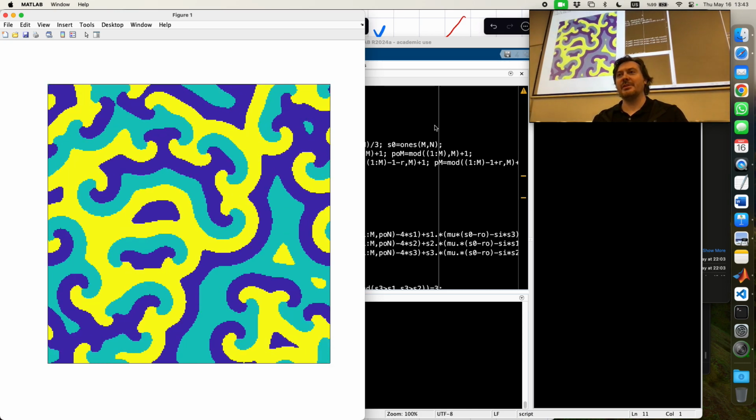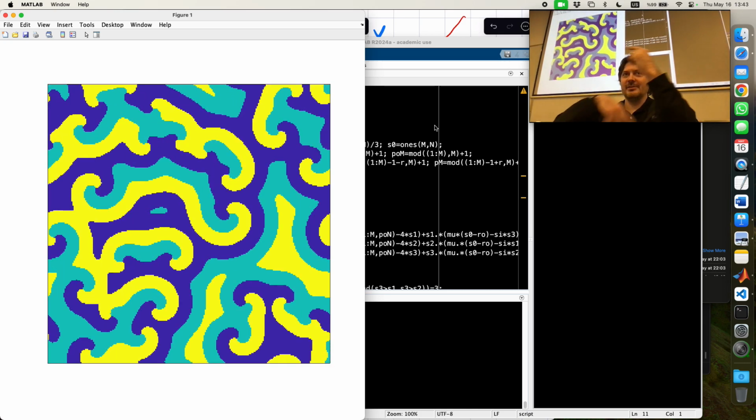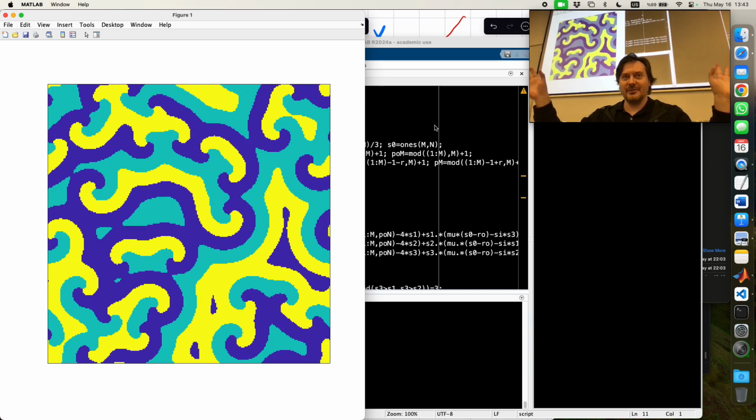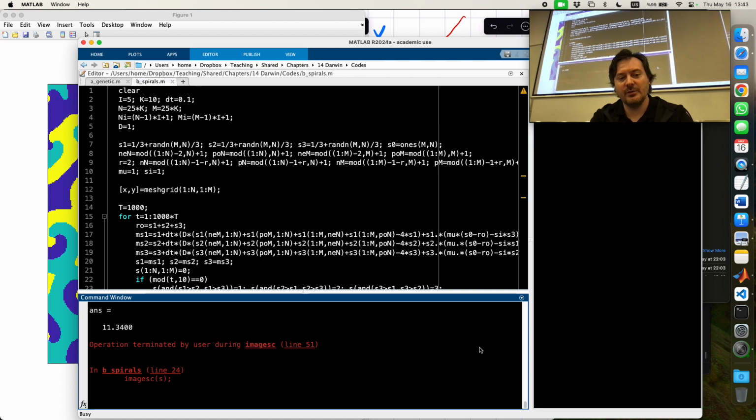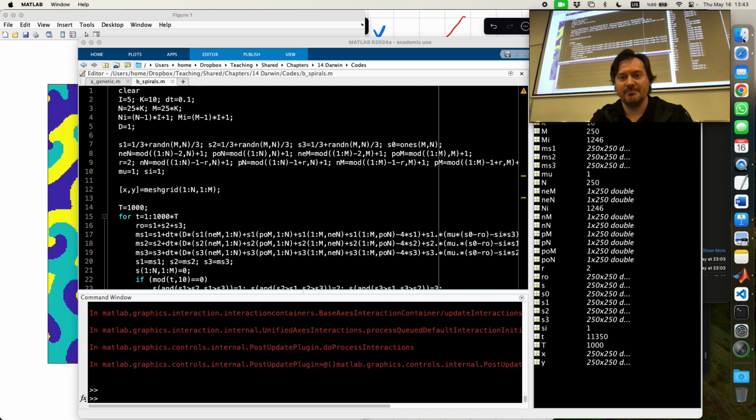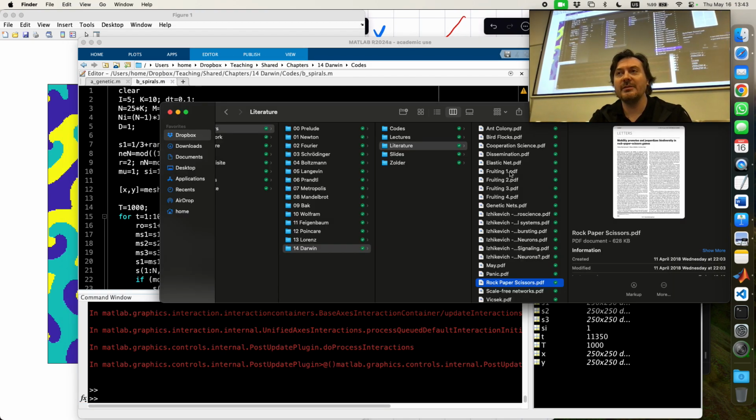So let's put a pin on this kinds of rotating spiral waves. Actually, no, let's not put a pin on this. Let's go to a paper. So I will tell you now, chaotic, I will tell you now a story of a paper, but it happens in stages.